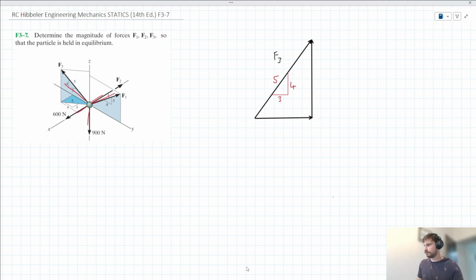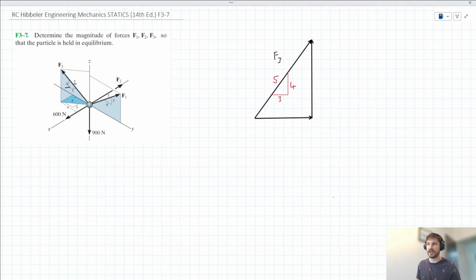Now, breaking this down into its constituent components is a little bit confusing maybe at first, but let's try and break this down. So basically, ask yourself, what is the Z component of F3? Well, looking at our diagram, I'm going to trust that you guys understand that we could say the Z component is 4/5 of F3.